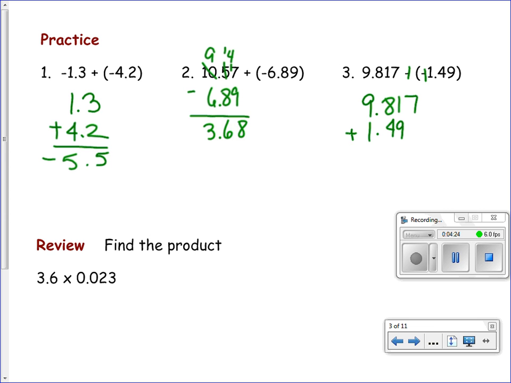Line your decimals up. Again, checking my work, also making sure my sign is correct. That looks a little nicer.